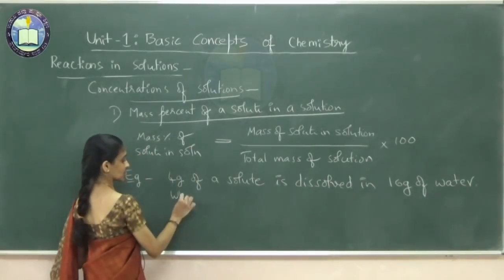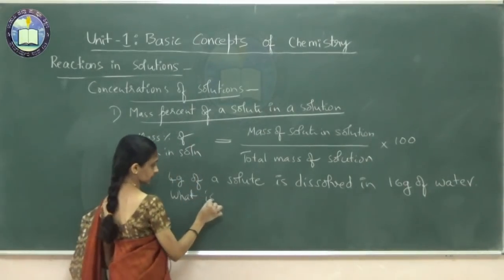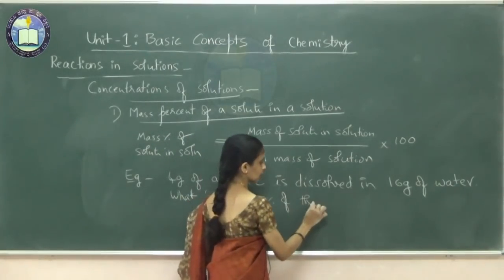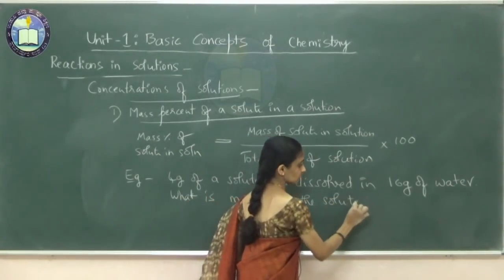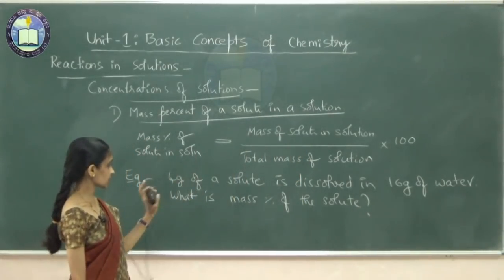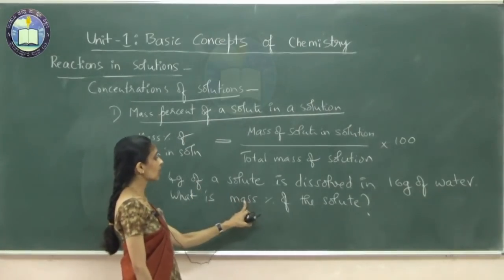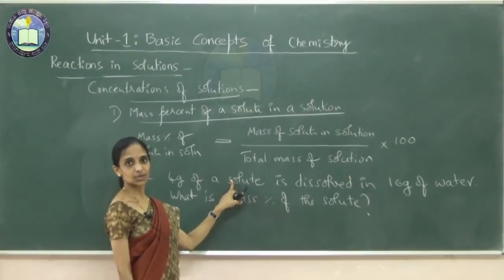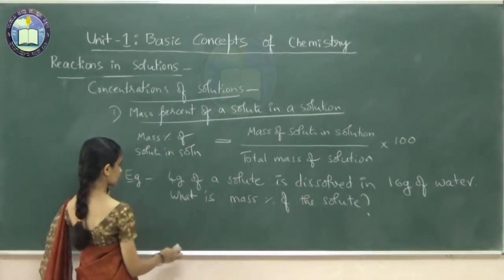What is the mass percentage of the solute? Of course, in the solution. So if this is the situation, how do you find out mass percent for your 4 gram solute? I'll make use of the formula.